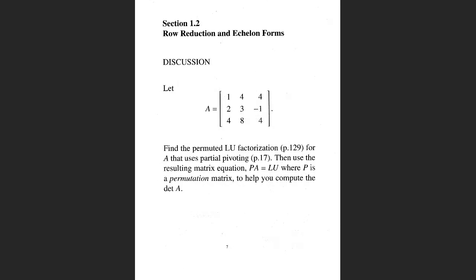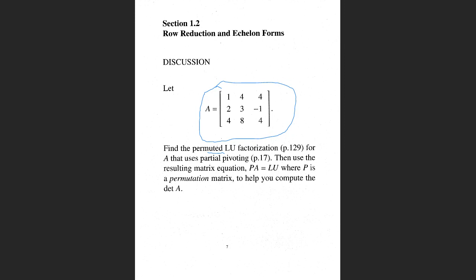We had this matrix A, and we wanted to do permuted LU factorization on the matrix A. The goal is to simulate what a computer does when it does LU factorization.